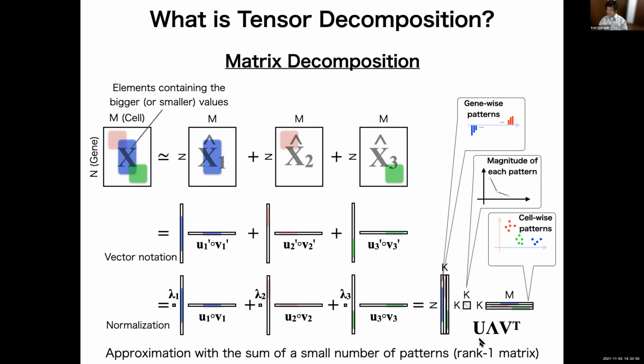Matrix V has three column vectors here, and each vector can be considered the cell-wise pattern and can be used for visualization or as a cell-wise analysis like the clustering. Likewise, this matrix U has three row vectors, and each vector can be considered the gene-wise pattern. The small diagonal matrix lambda can be considered the magnitude of each pattern.